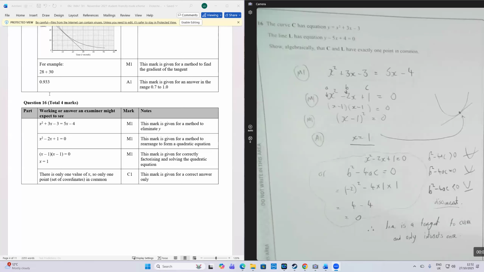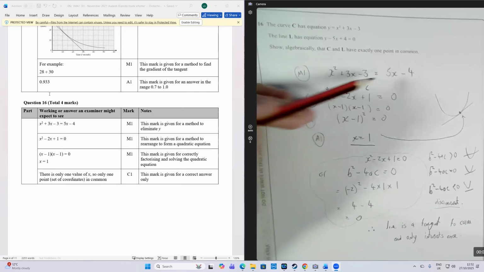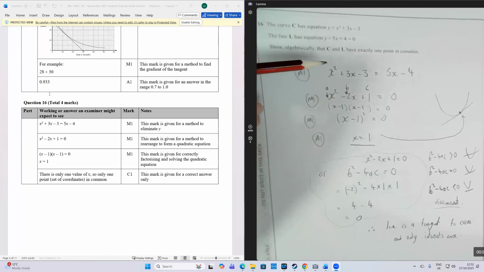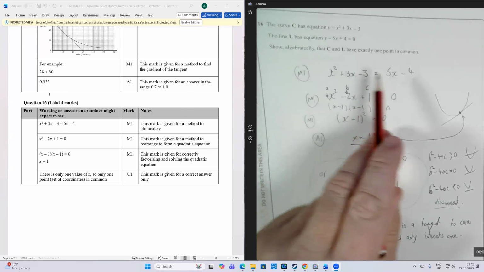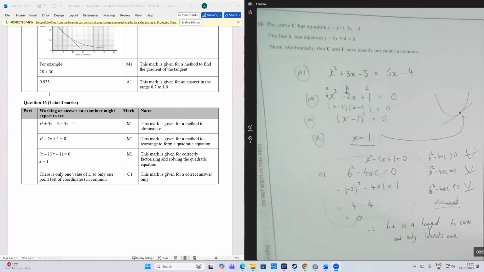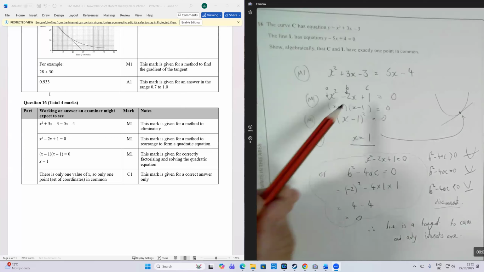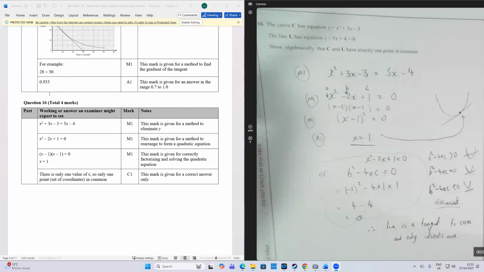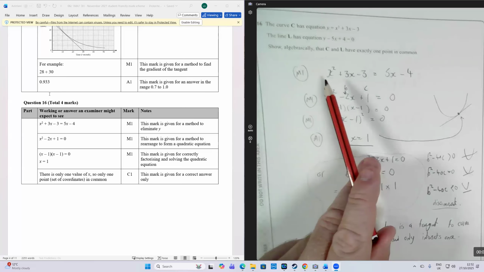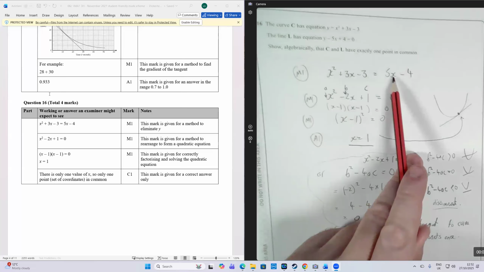Now, there are a number of ways of doing this. What we're going to do is put them equal to each other and see how many times they intersect. We're going to see how many solutions we get, because curves equal each other where they cross over. So having put them equal to each other, you take 5x off both sides.